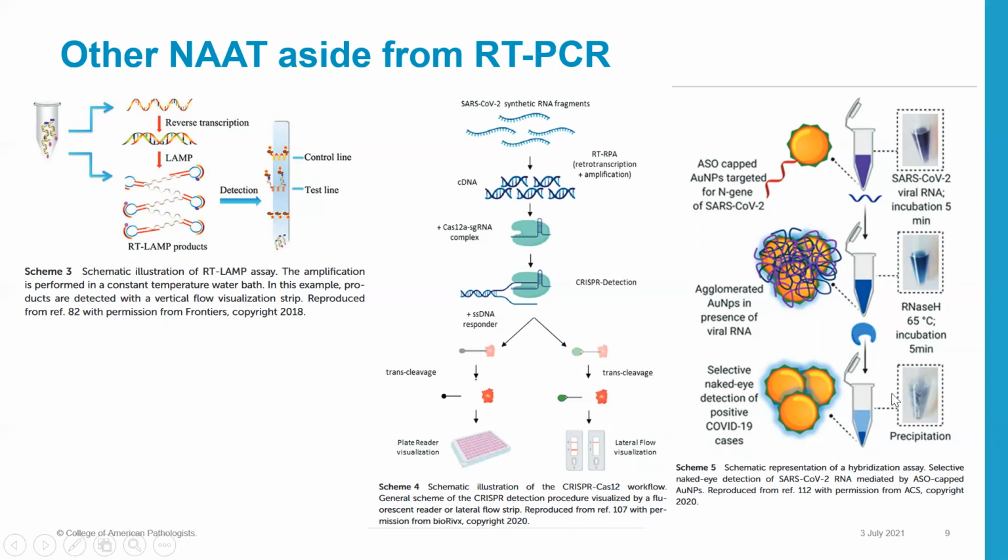And then finally, the other one uses the gold nanoparticles. So apparently these gold nanoparticles are conjugated with oligonucleotides, and this one would hybridize with the viral RNA and pull them down and develop some kind of a visualizable chemical reaction.